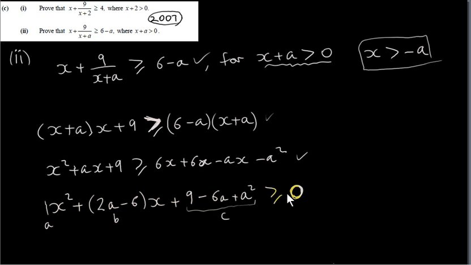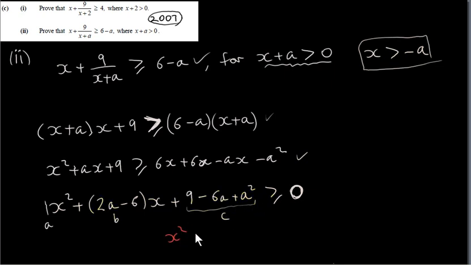Now, as you saw for the previous part, for this quadratic inequality to be true for all values of x greater than some value, doesn't actually matter, we want the solution to the quadratic equation to have only one root. We just want only one solution to this quadratic equation.